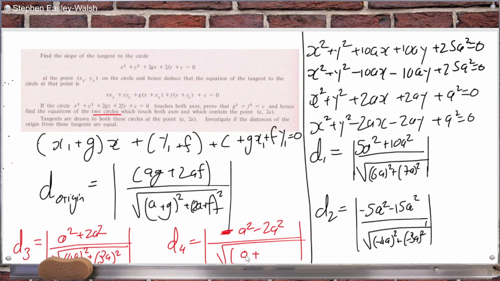And then 2A plus F. So that's 2A minus A. So that's A. 0 squared and A squared. 2A plus F minus A. Interesting.